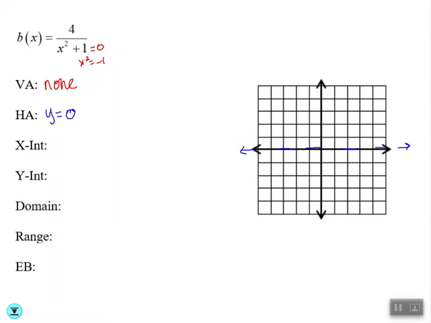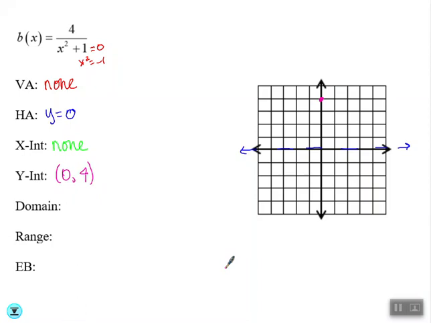We just get 4 equals 0, which is not true. So there is no x-intercept. For the y-intercept, we plug in 0 for x, so we get 0, 4 as our y-intercept. If you need to write that out to figure out the y-intercept, that's fine.